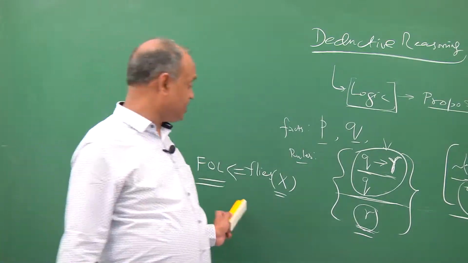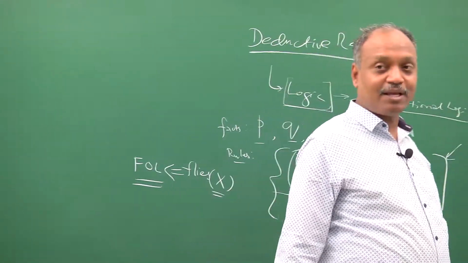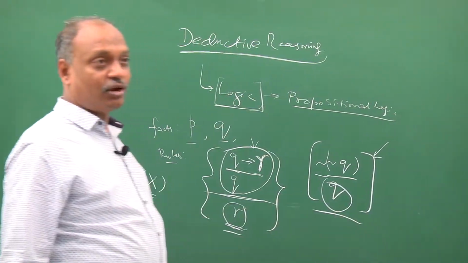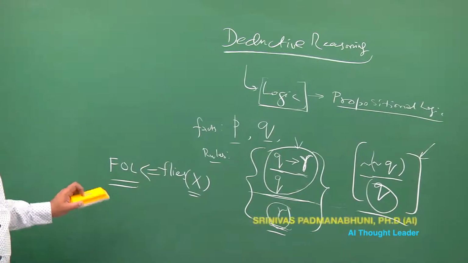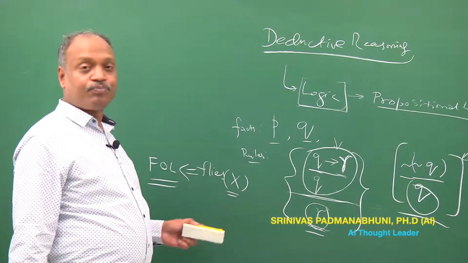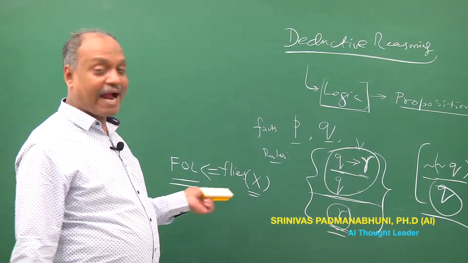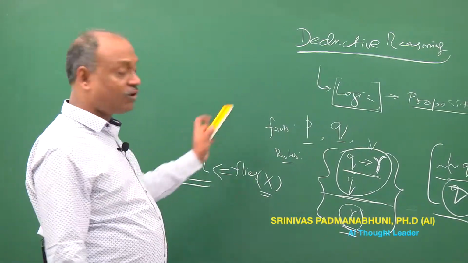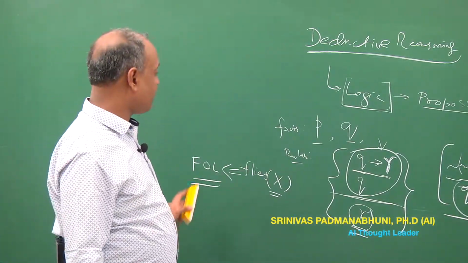First order logic is basically an extension of the basic propositional logic which allows us to capture generic rules for a whole category or whole collection of things of similar type.